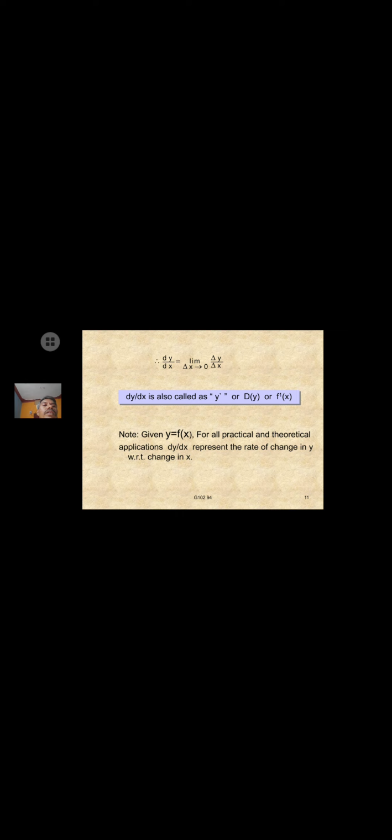Note, given y equals f of x, for all practical and theoretical applications, dy by dx represents the rate of change in y with respect to change in x.